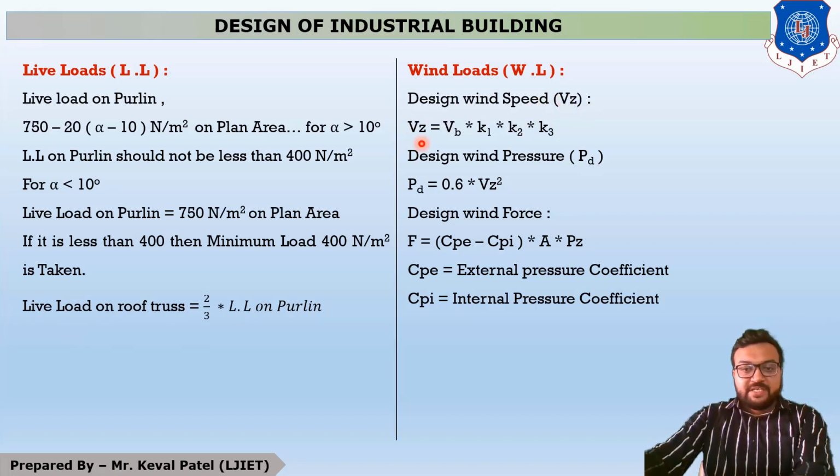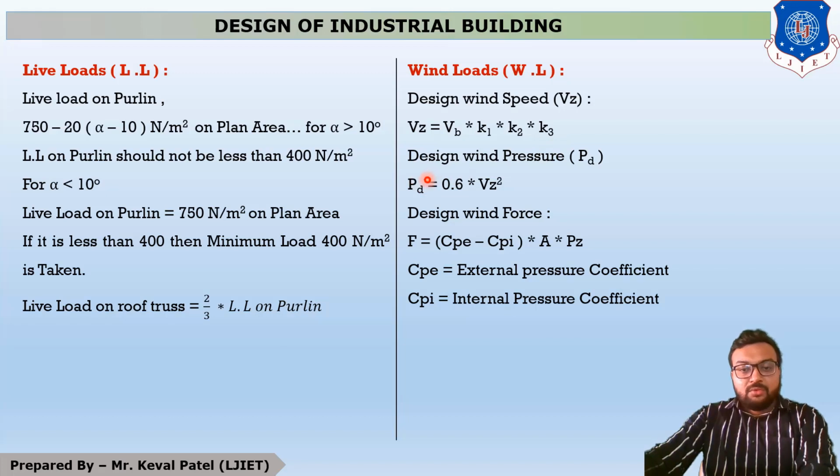Now Vz or Vd is equal to Vb into K1, K2, K3. What is Vb? Vb means basic wind speed, and it depends on the location. K1 is the risk coefficient, K2 is the terrain height category, and K3 is the topography factor. So you are all aware of these things.